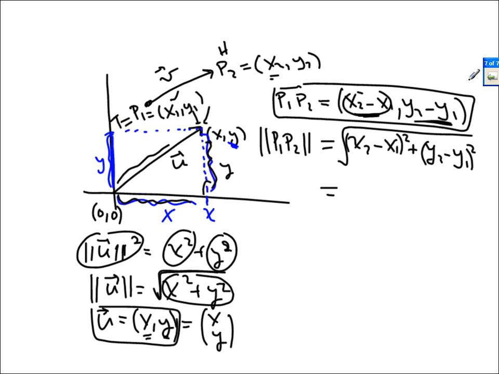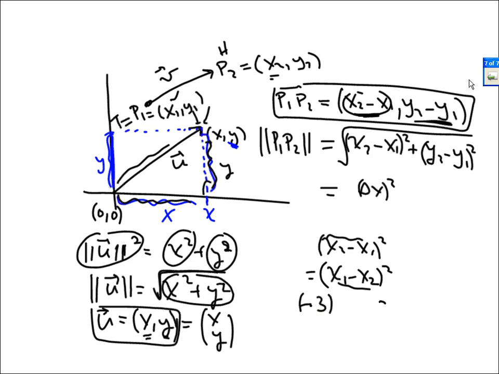Now that we're squaring it, it doesn't matter if you get the change in x backwards. Whether you do x2 minus x1 or x1 minus x2, when you square them, they're equal. If here this is negative 3, and down here is positive 3, when you square it, it doesn't matter.